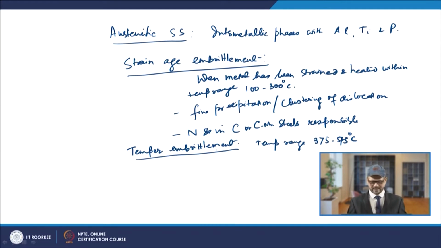So, that may lead to these temper embrittlement conditions. Plain carbon steels are highly susceptible to this temper embrittlement, but if you add 0.5% of molybdenum, it will reduce this tendency.